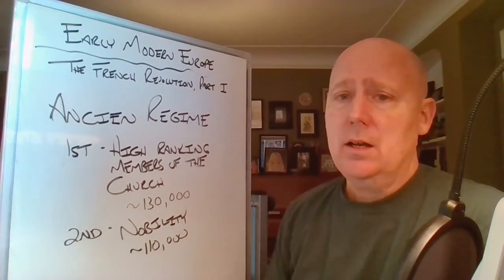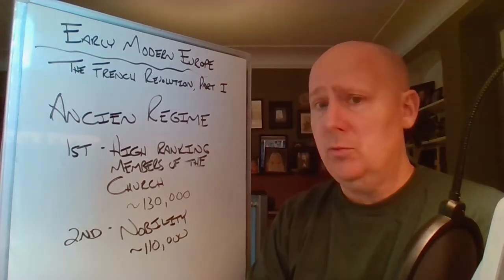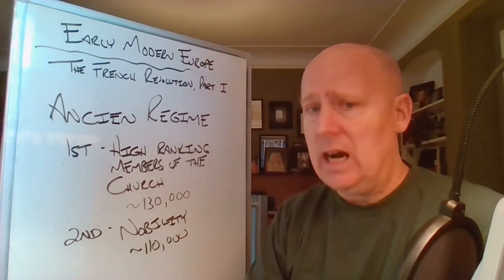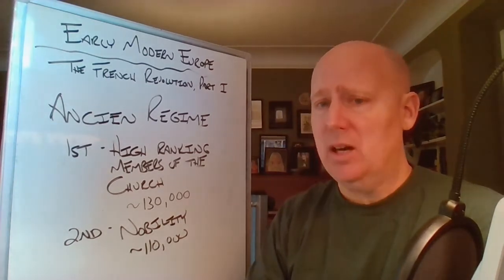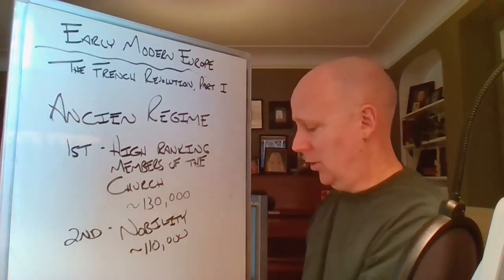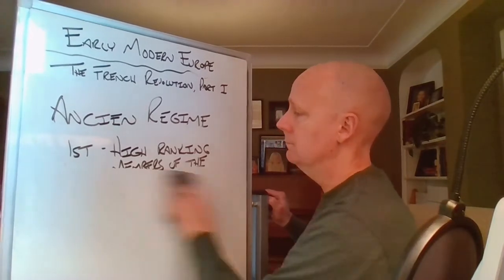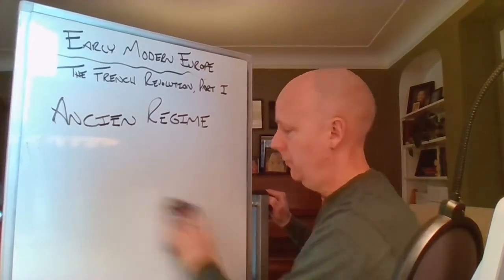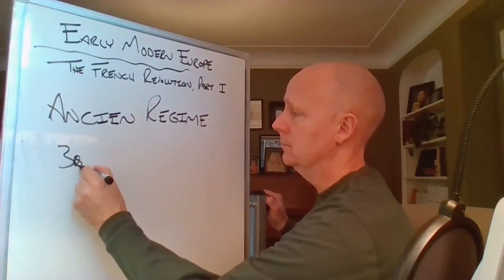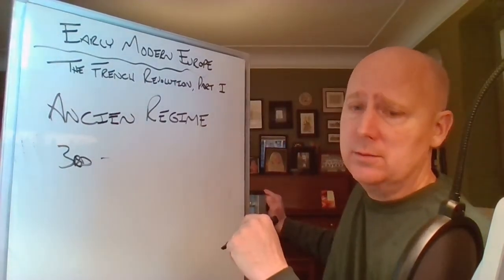These two estates controlled the vast majority of all of the land. Both the church and the nobility were landowners, and therefore they could tax and collect tithes and all of the rest. Everybody else essentially worked for those two, which leads to the third estate. And the third estate, well, that's everybody else, all of us.